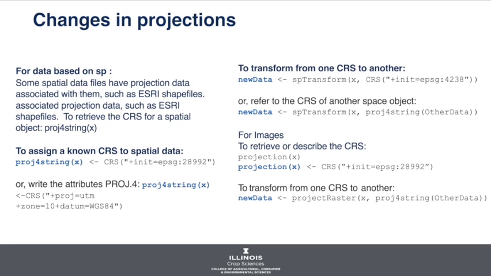To do changes in projection in R, there's one of the programs for performing those changes by using the SP package. You need to specify a CRS that's been previously defined.